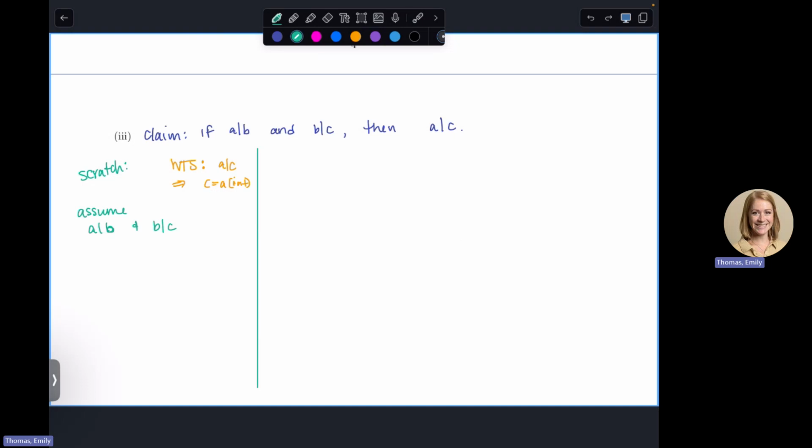Look at the definition of divides. Go back to page 3. Look at that definition. No, you're looking too far down. Go back up to the middle of page 3, the definition part. What does it mean for A to divide B?